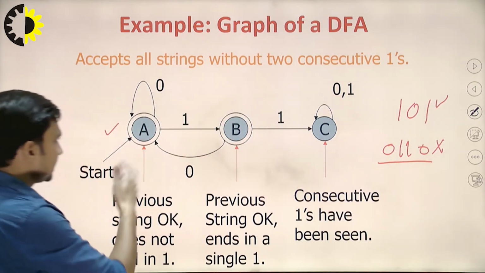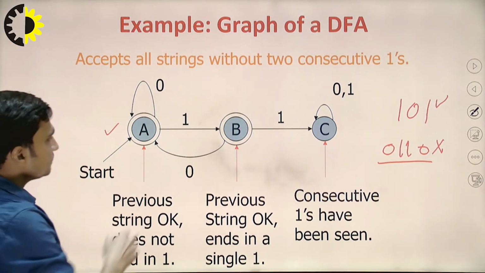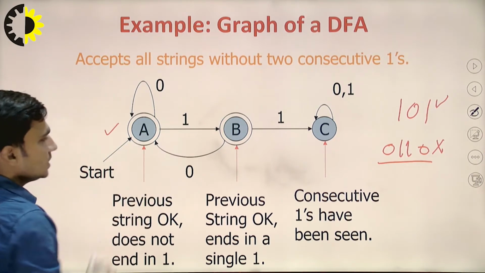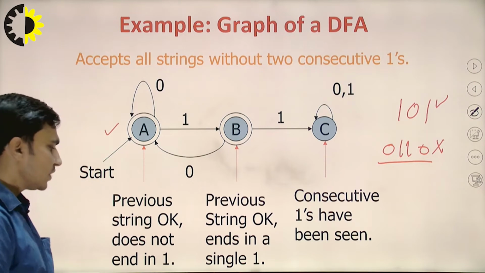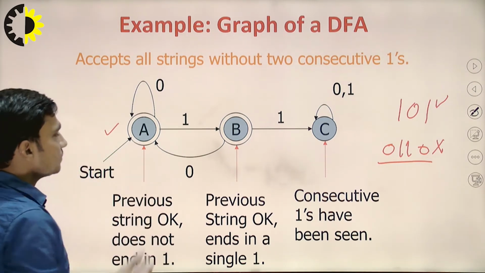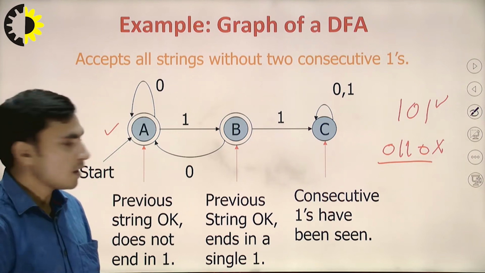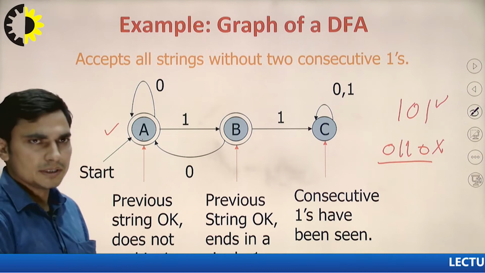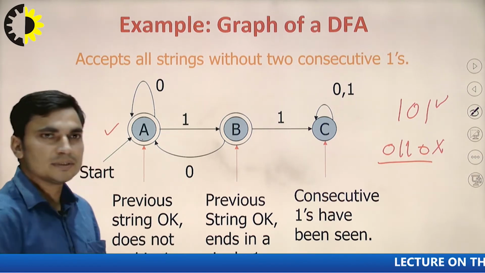So let's take a look at how we are going to do that. A and B are the final states, and A is the start state. Every time we read the input, we start from this initial state, and at the first point we read an input value at A, which may be 0 or 1.